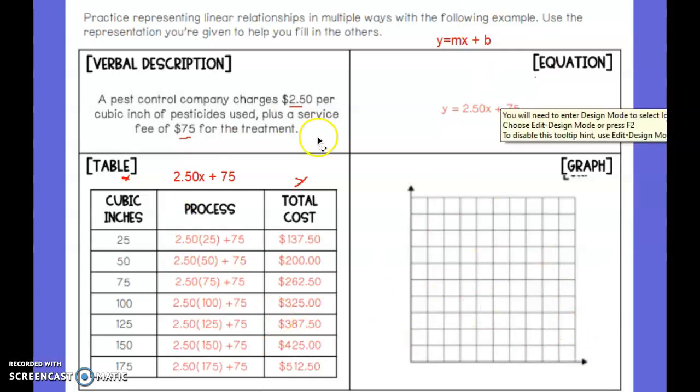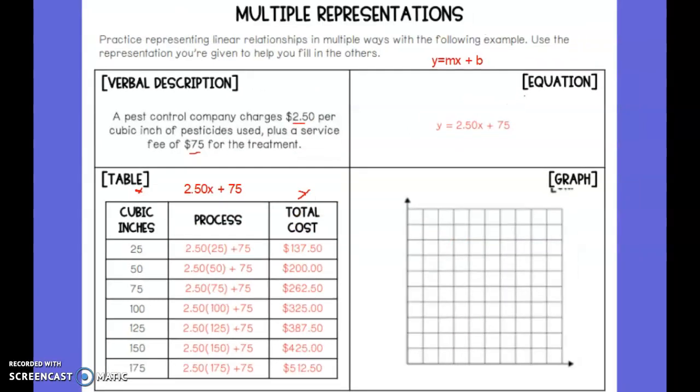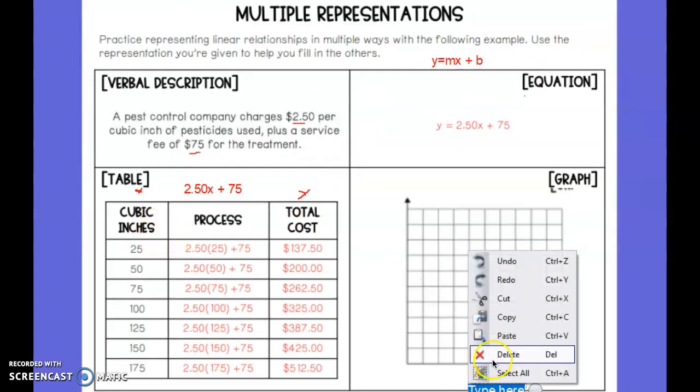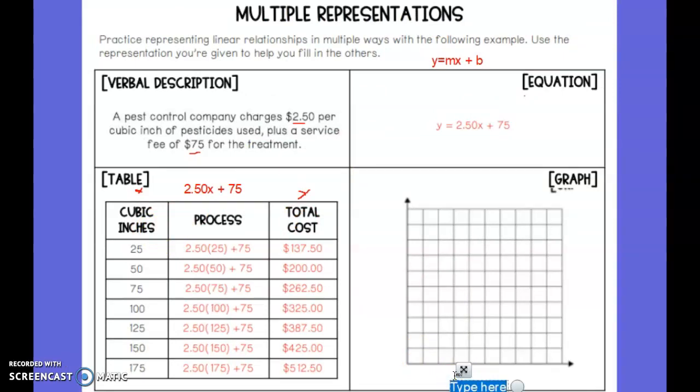Whenever you create your table, make sure that you complete the table and then go and create your graph. Here are your ordered pairs. 25 goes with 137.50. 50 goes with 175. Make sure that you label your x-axis as cubic inches, and you label your y-axis as total cost. You also need to write the intervals.